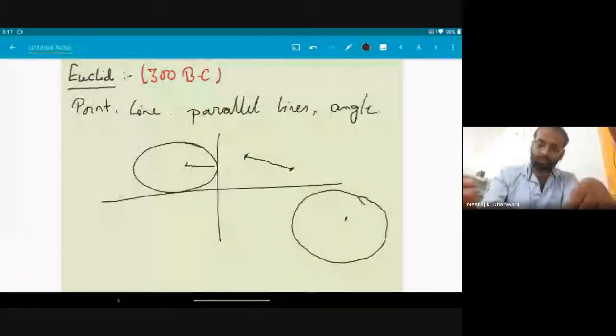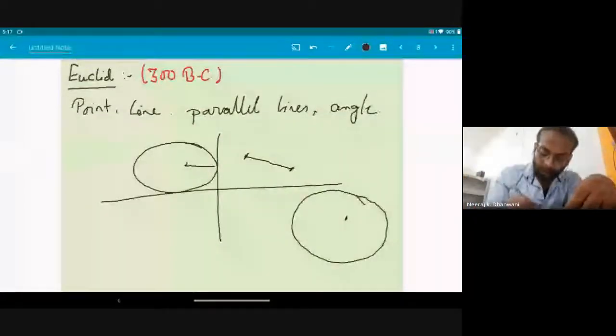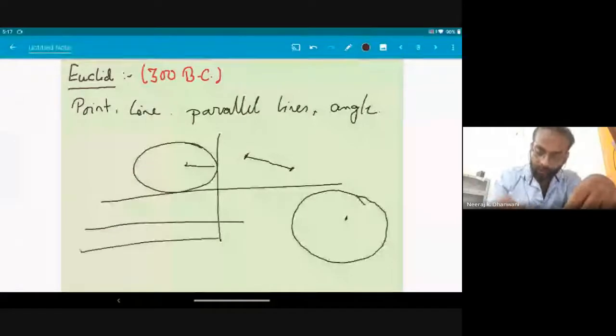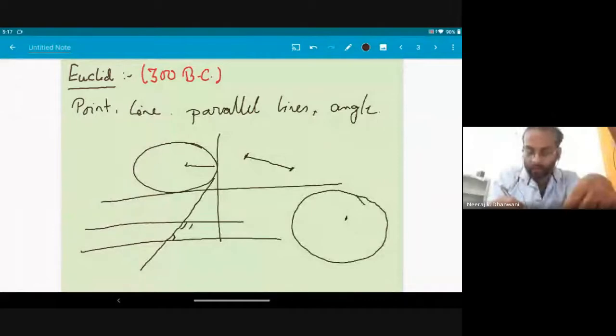So if you have any two lines, you draw a third line. If the sum of these two angles is less than 180 degrees, then if you extend these lines to infinity and this sum is less than 180 degrees, they will touch at some point.